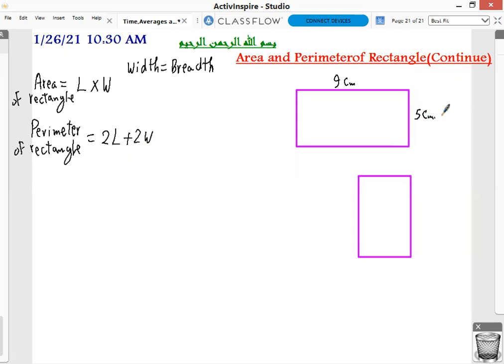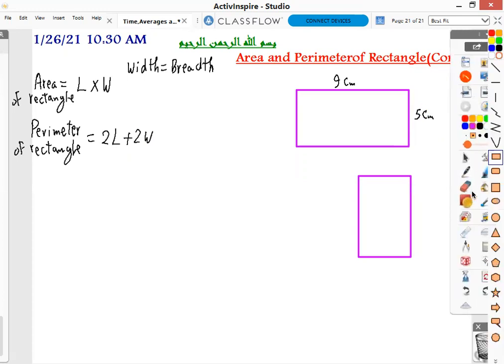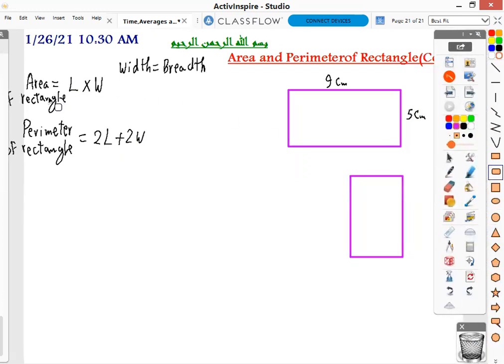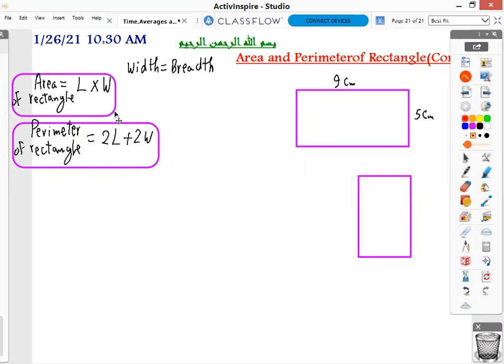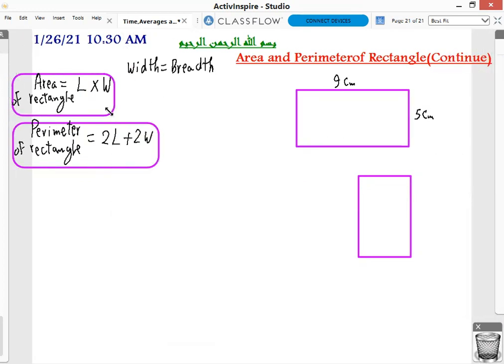Then don't forget those two rules. I'll put them inside this figure to remember them.